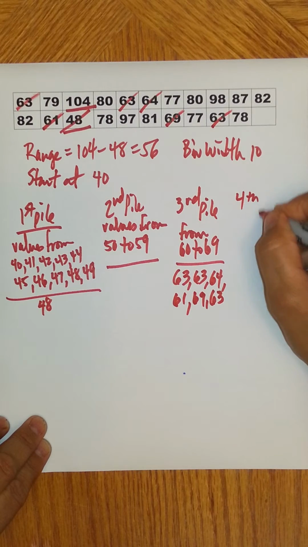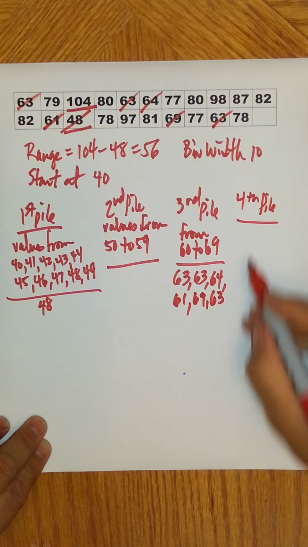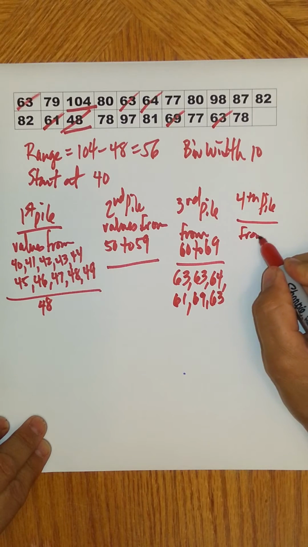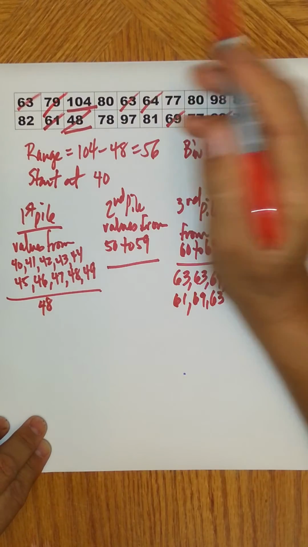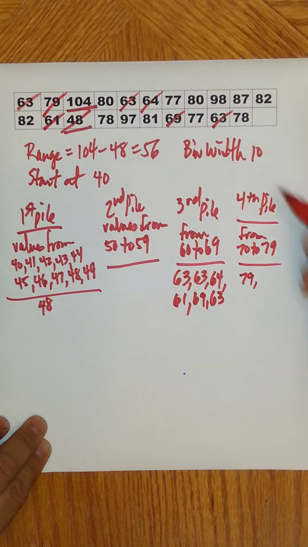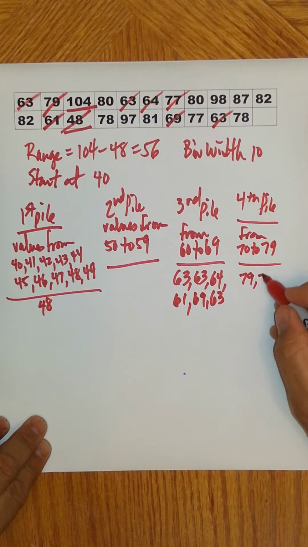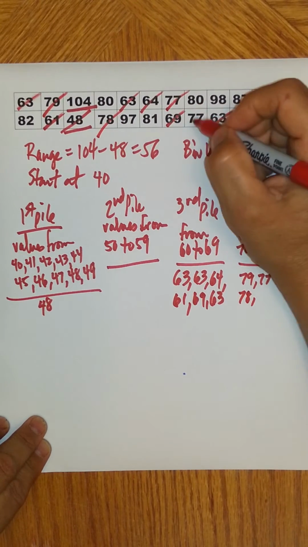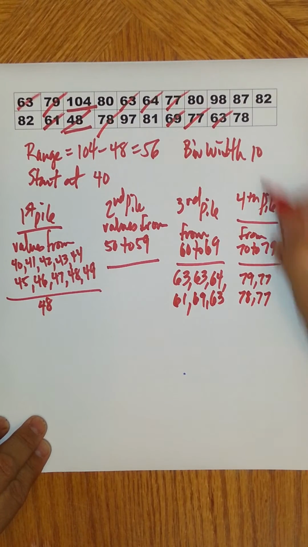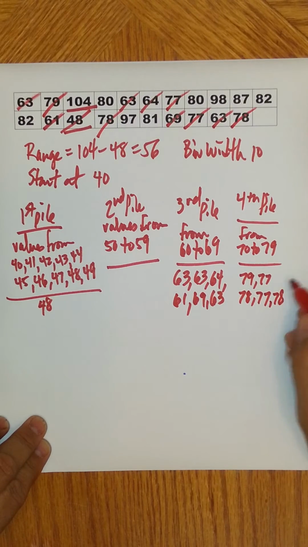In my fourth pile, what will I have in there? We're going to go from 70 to 79, right? So let's see, 79, 77, 78, 77 again, and 78. There we go.